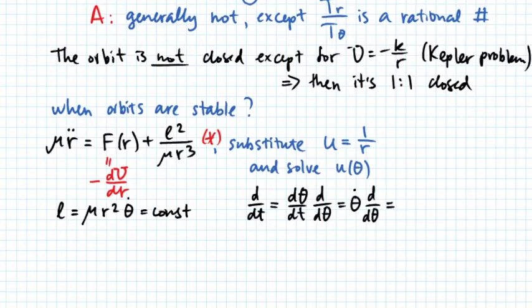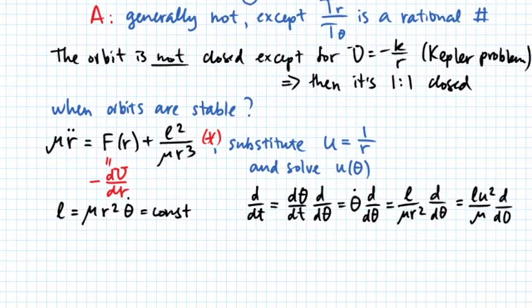We can further simplify it by replacing theta dot with the angular momentum, L divided by mu r squared, d/d theta. And then we replace u, the inverse of r, and we get L u squared over mu d/d theta.